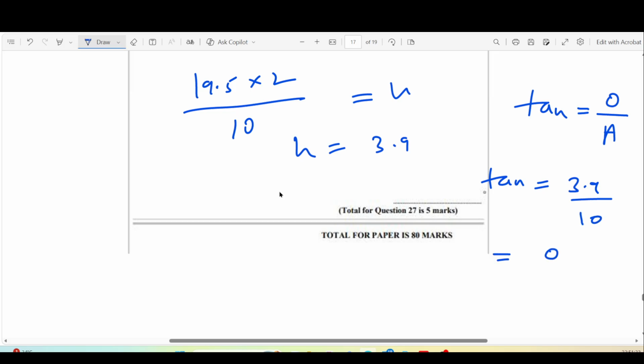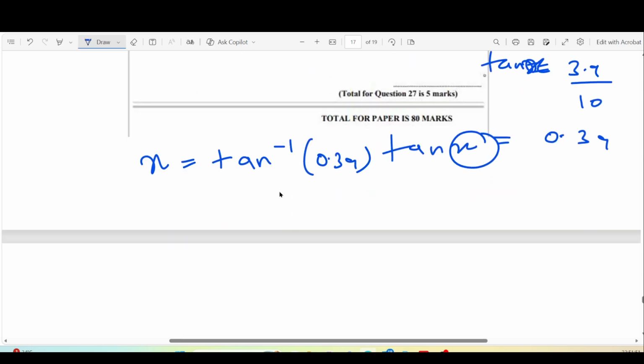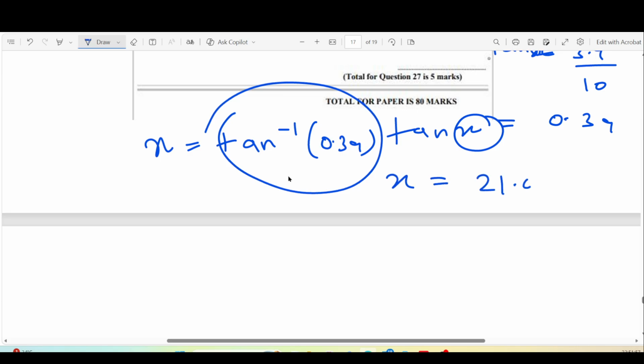You divide them, you will get 0.39, which is tan x. So tan x is 0.39. We need x, so x is going to be tan inverse 0.39, right? Because we are finding x, this will become inverse. If you just plug it in the calculator, you will get x, which is 21.3, around something like this.